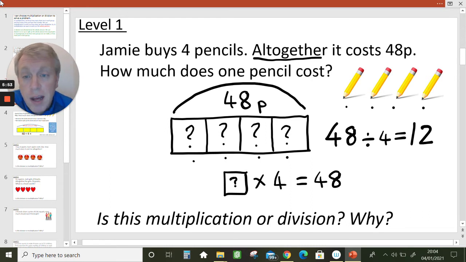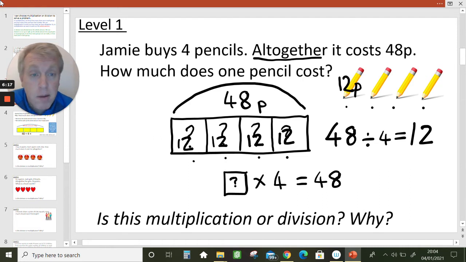And of course, what does that mean? It means 12 pence for the first pencil, 12 pence for the second pencil, 12 pence for the third pencil, 12 pence for the last pencil. How much does 1 pencil cost? We should answer our question by saying 1 pencil costs 12 pence.